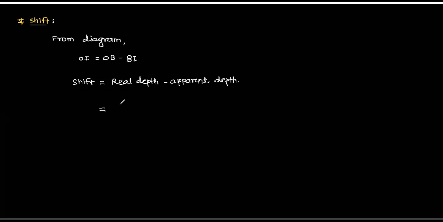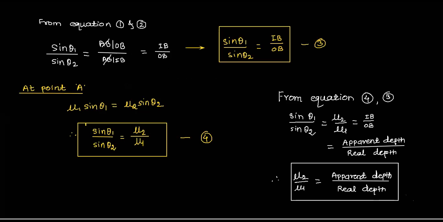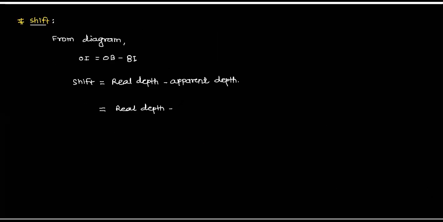Now this real depth I keep as it is, minus this apparent depth. Let's go back. If I want apparent depth, you get it from this: real depth into mu2 by mu1. Just transfer this real depth to that side. Shall I give this equation number 5?